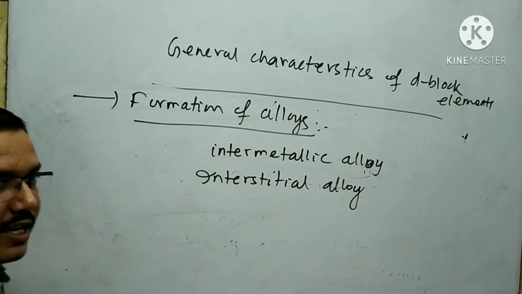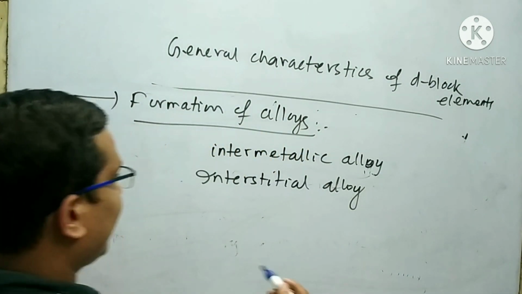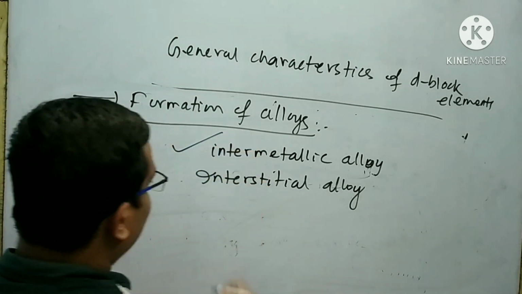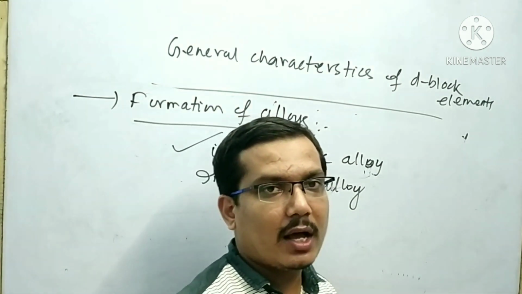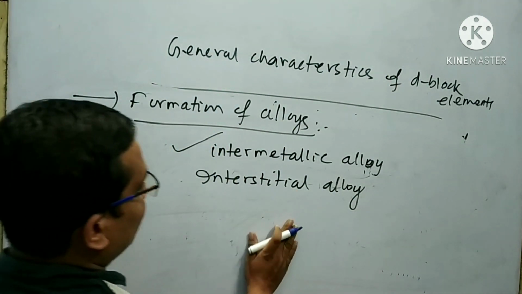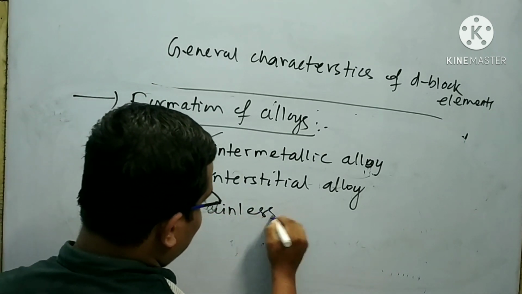We know that the transition elements have nearly the same size, that's why they can substitute for each other to form intermetallic alloys. Small elements can be entrapped in the crystal lattice of the transition element to form interstitial alloys, like stainless steel.